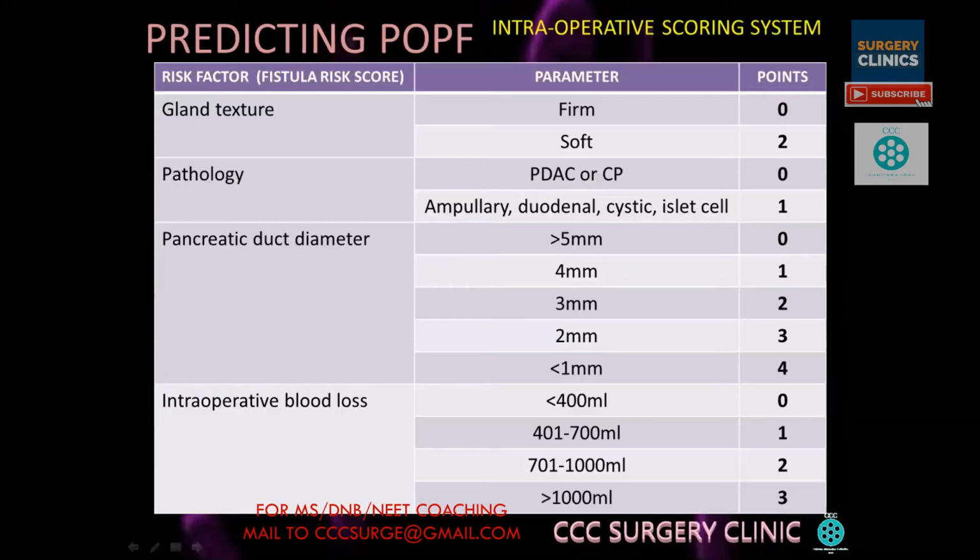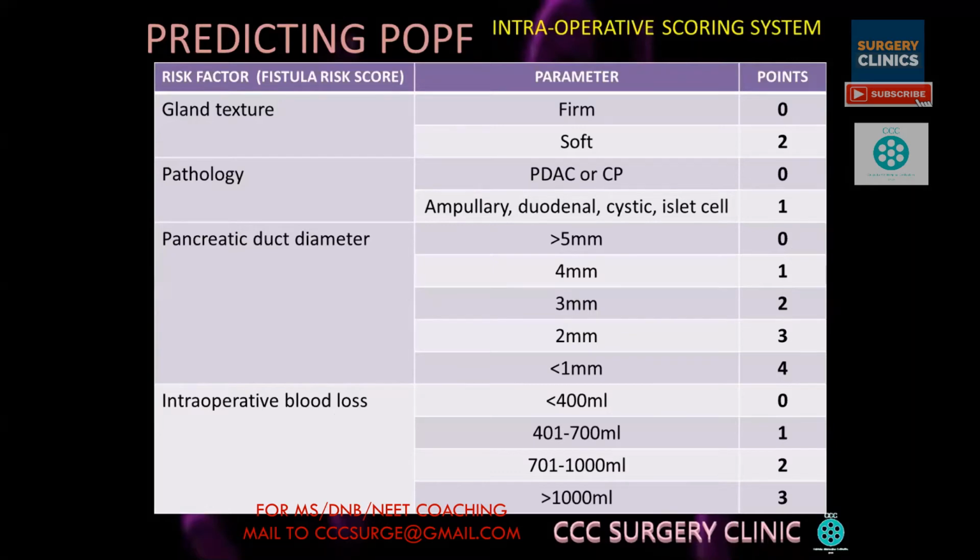Therefore, the perioperative risk factors were thus. This is the scoring system that has been evolved. If you have a gland texture which is firm, the points are 0. A soft gland is 2. If the pathology is pancreatic ductal adenocarcinoma or associated chronic pancreatitis, your scoring point is 0.